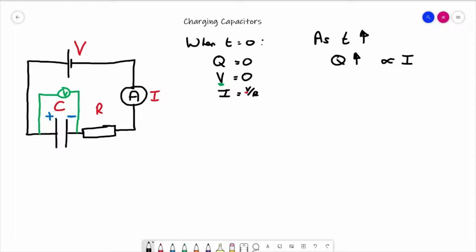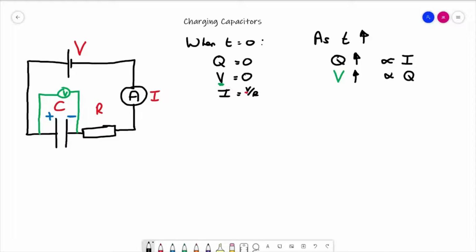Now, of course, if the charge increases, then the potential difference across the capacitor will also increase as well. And we also know that that is going to be proportional to the charge that we've got on the capacitor at any given time.